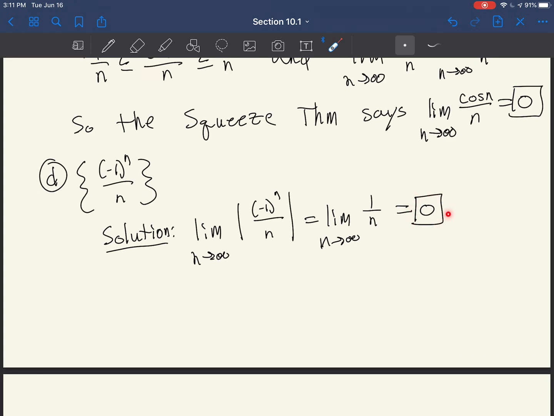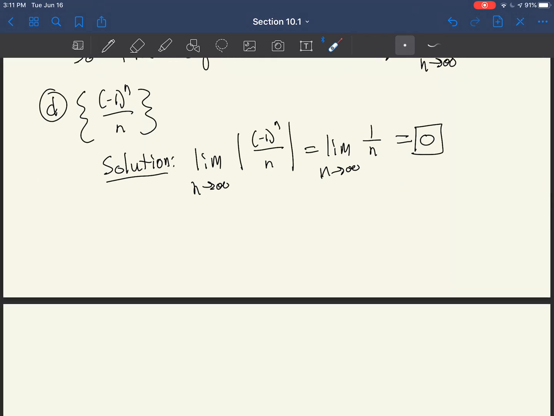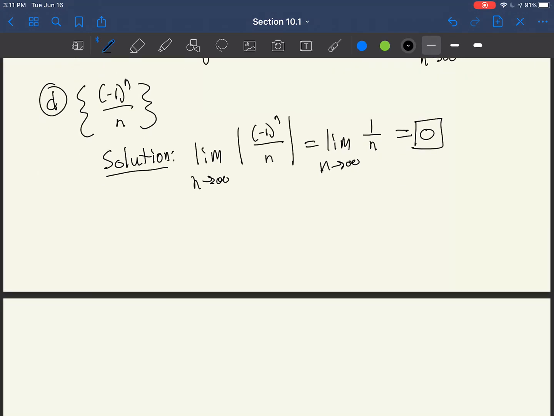So it's the fact that 0 is neither positive nor negative, or in other words, -0 equals 0. So you just don't ever talk about -0. That's why you can take the absolute value and then take away the absolute value. I have a homework problem that goes into more detail on this.